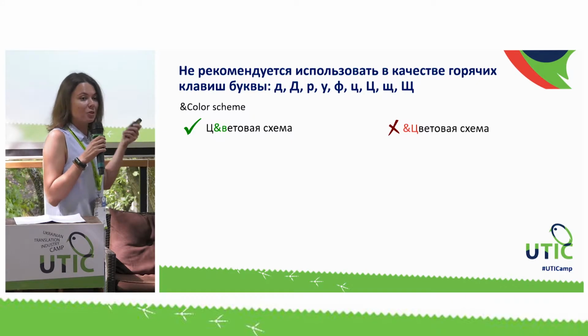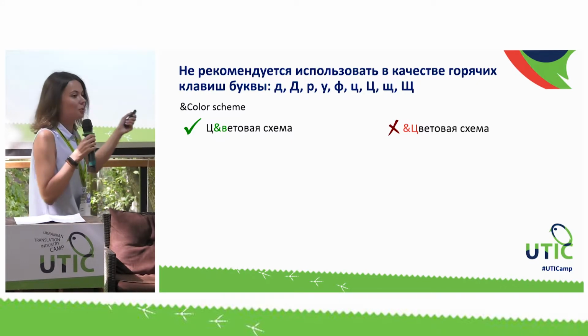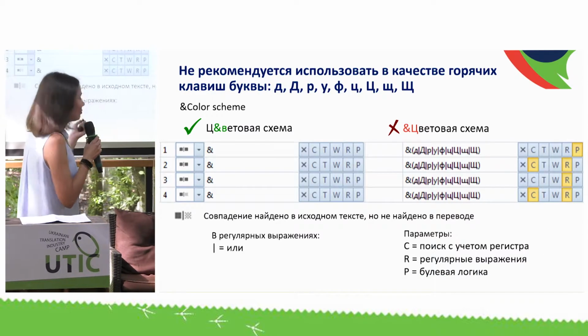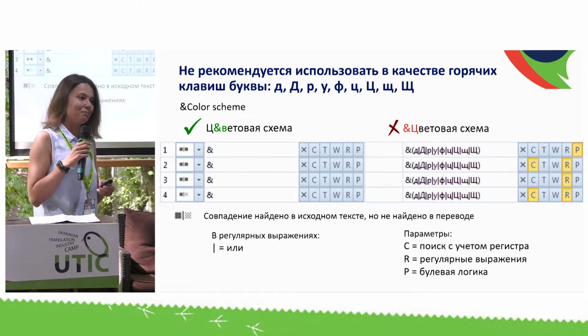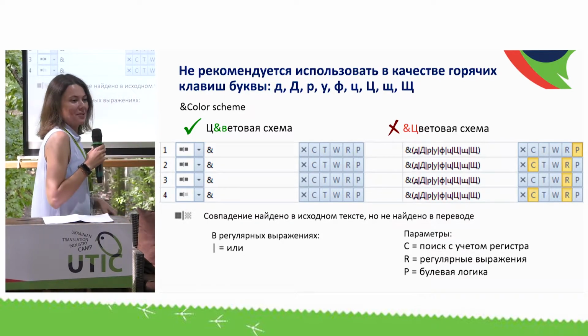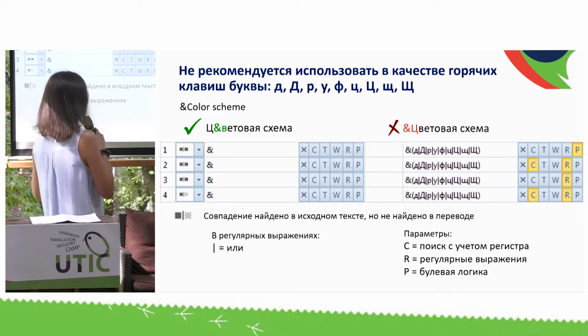So if you're using the color scheme, ampersand in front of ye is good, but if you use it in front of tse, the text will be illegible. Now these 4 checks are a bit more difficult, but you did a good job.